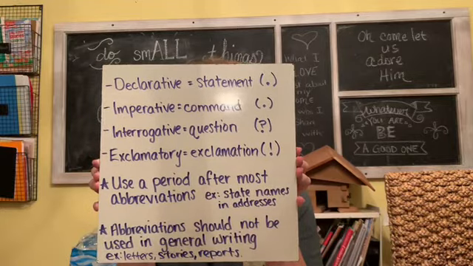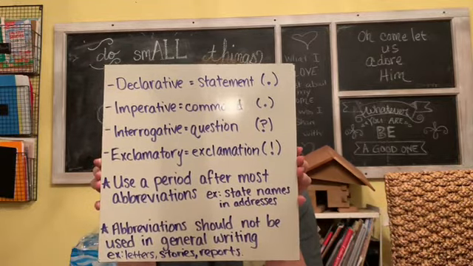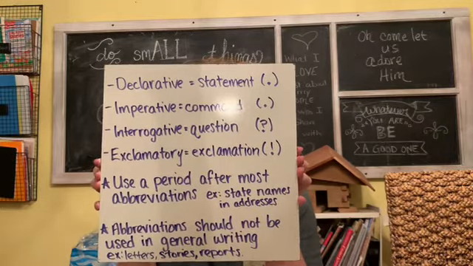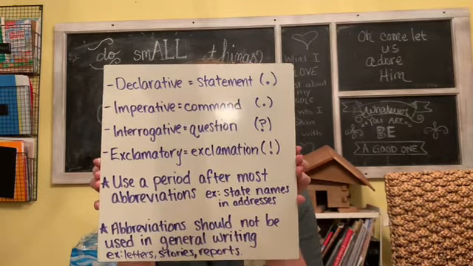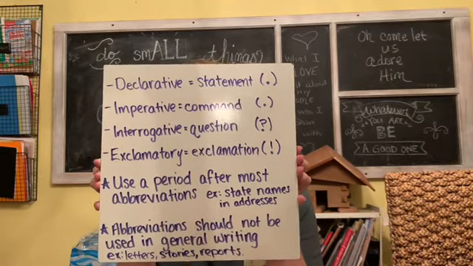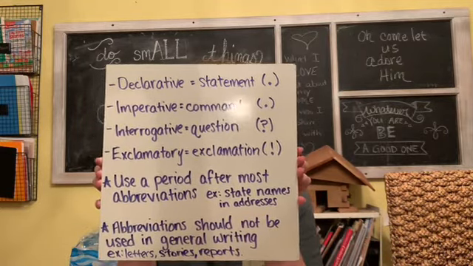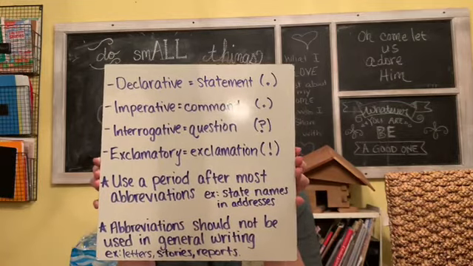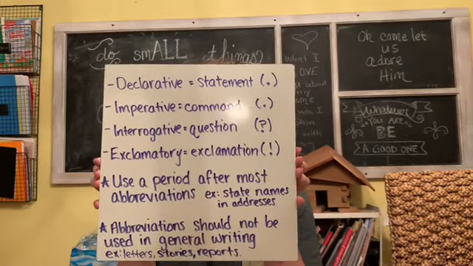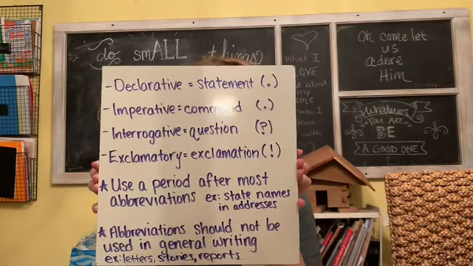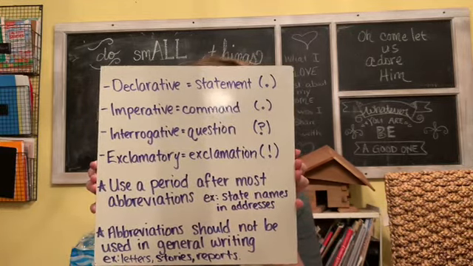Exclamatory sentences show excitement. They end with an exclamation mark. If I said, "School was so fun," there was excitement in my voice. I was excited about what I was telling you. Okay, we are going to end exclamatory sentences with exclamation marks.